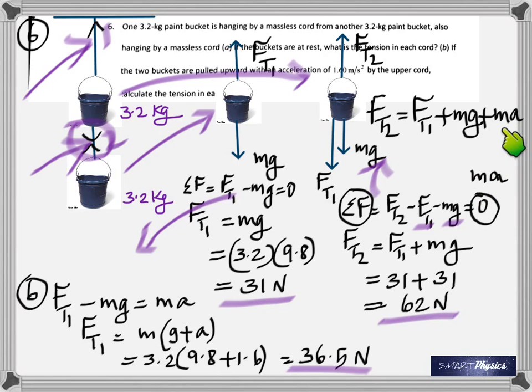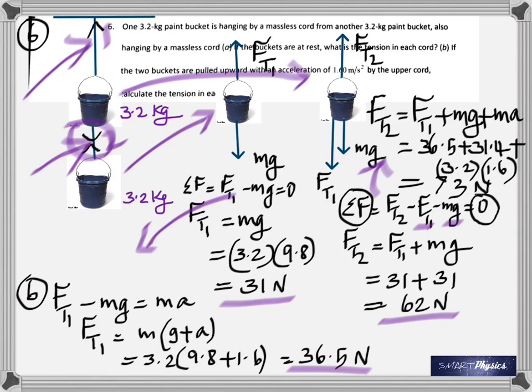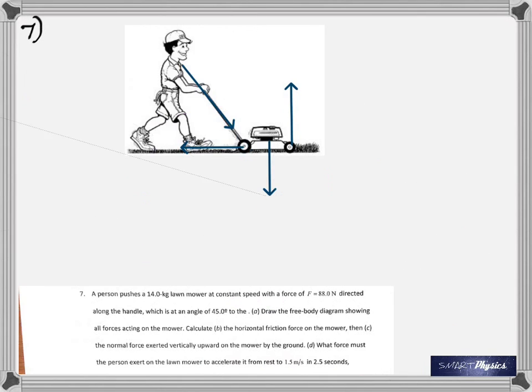Therefore, you have an additional factor here. That's it. So that will give 36.5 plus 31.4 plus, no space, so I have to take it out, 3.2 times 1.6, and finally 73 newtons is the 14 kilogram lawnmower.